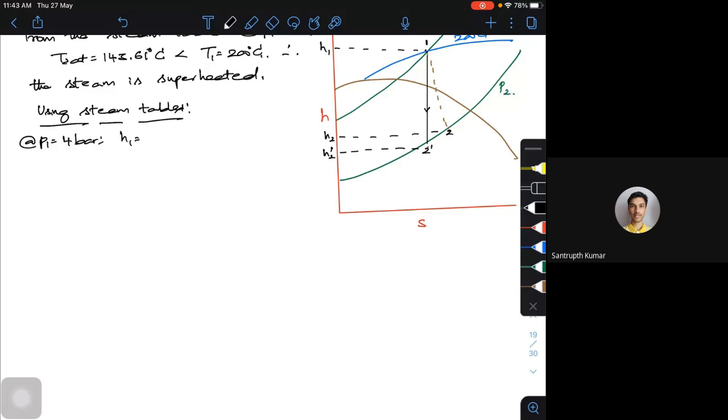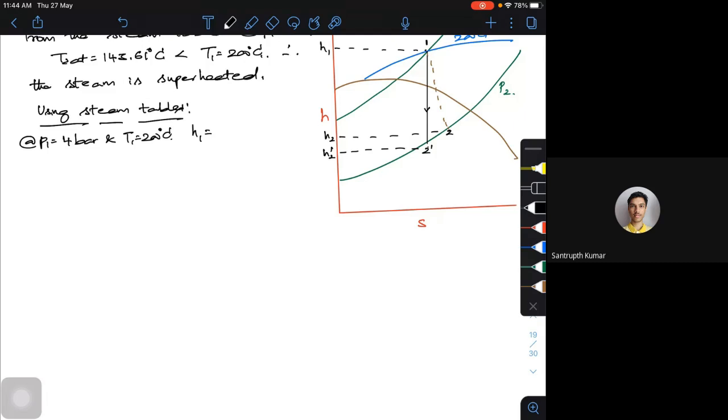H1 is equal to, it is a superheated condition, so you have to go to the superheated tables at P1 equal to 4 bar and T1 equal to 200 degrees Celsius.